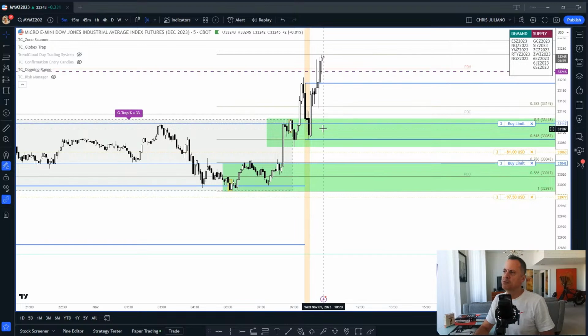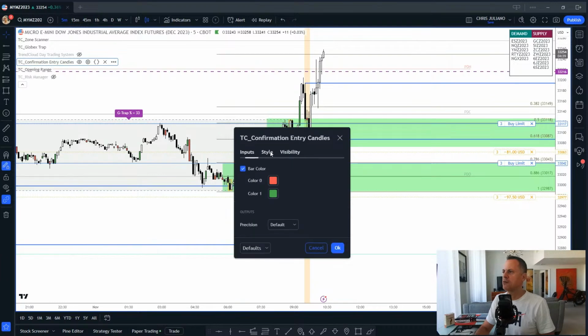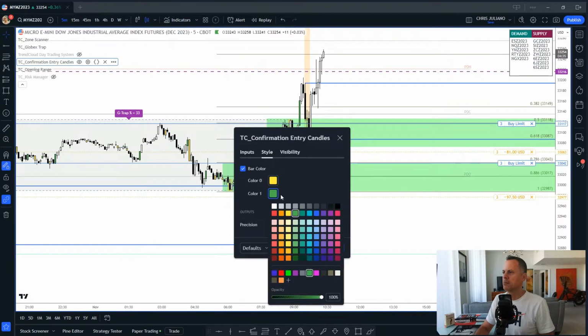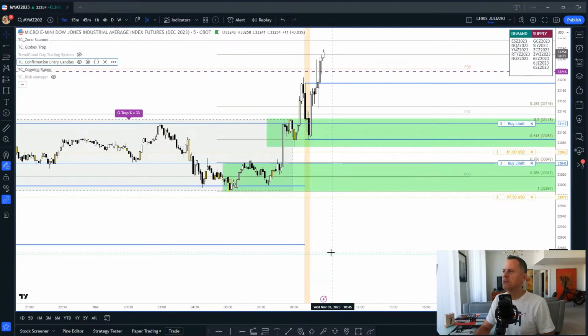Maybe it pulls back into here and you want to do a confirmation entry. You go to those confirmation entry candles. Wow, and look at that. It pulled in and got that little confirmation. You can turn those candles all yellow, guys, because you're going to take them either way.